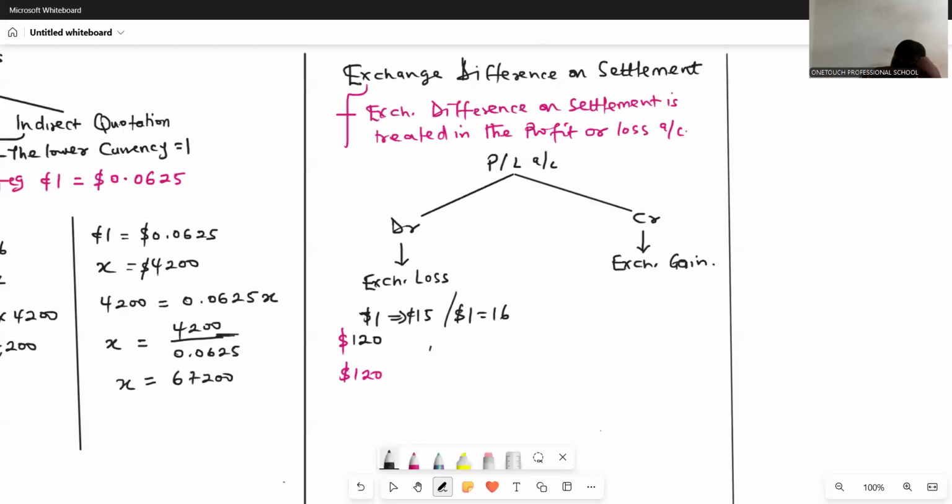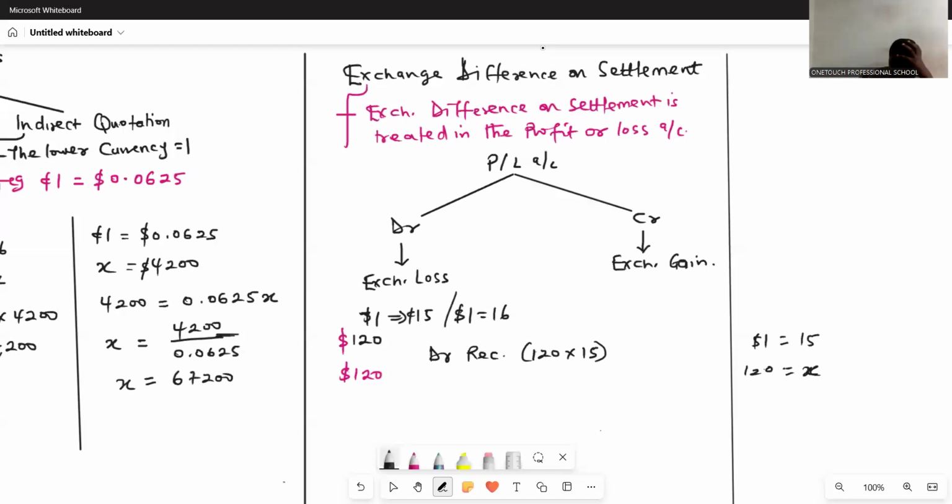So in this transaction, I will go on the initial credit that I give. I'll debit my receivables with 120 times 15. The assumption is that $1 is equal to 15, so $120 will be X. I've done the cross multiplication, and X will be equal to 120 times 15.